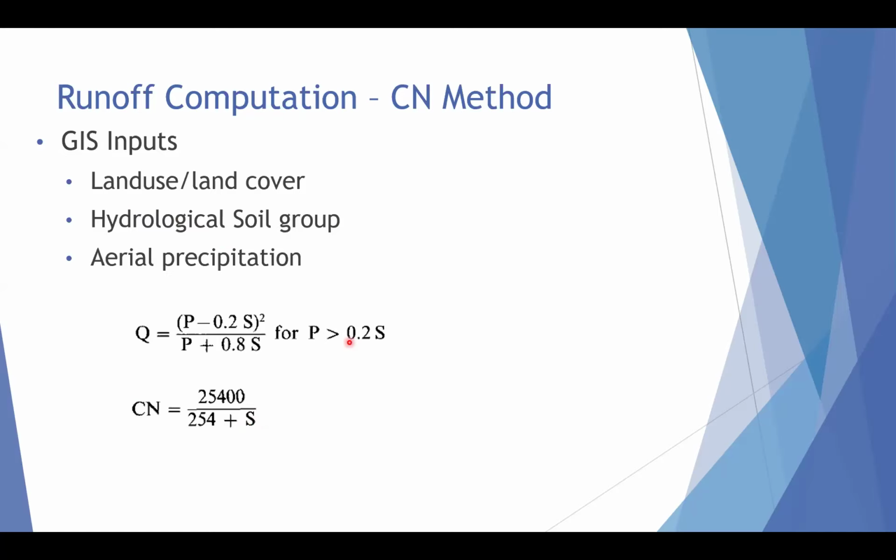Okay, suppose my land use, land cover is, say for example, grass, fully covered grass, and my soil type is, say for example, sandy loam. I think we have seen the soil texture classification.